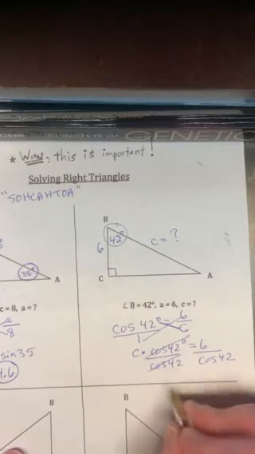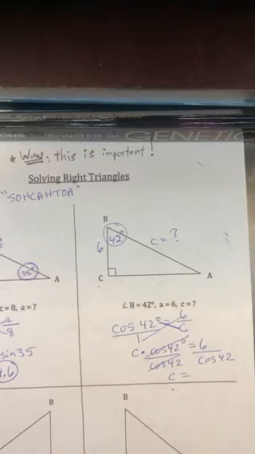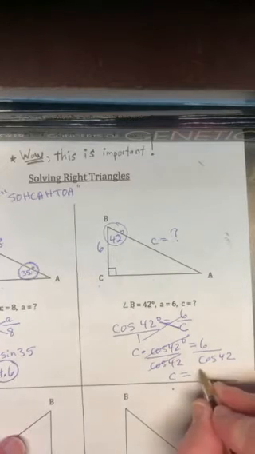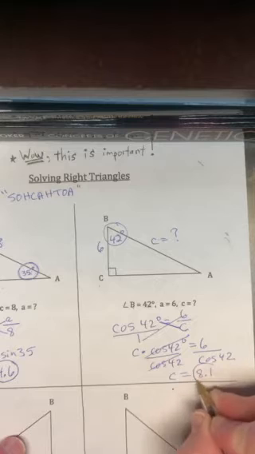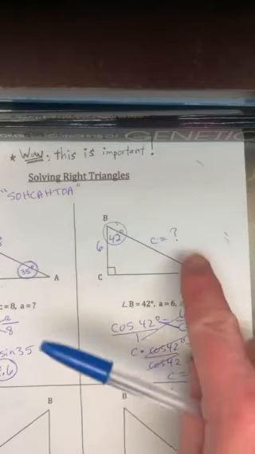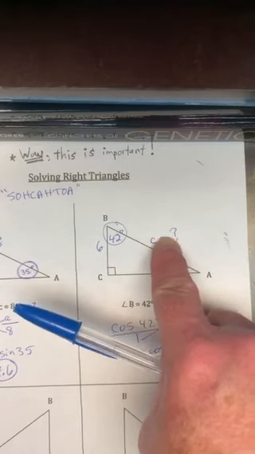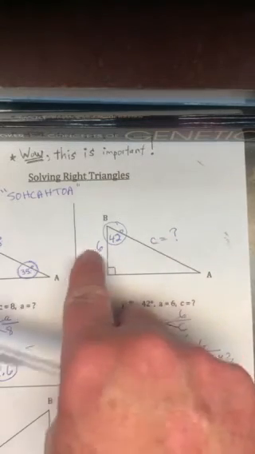Those would cancel. And my missing side is, and guys, you're literally on your calculator going to hit 6 divided by cosine of 42. And it looks like to the nearest tenth, it says 8.07, so 8.1 for my missing side, which makes sense because that was the hypotenuse, so it should be the biggest side of your triangle, and 8.1 is certainly bigger than 6.